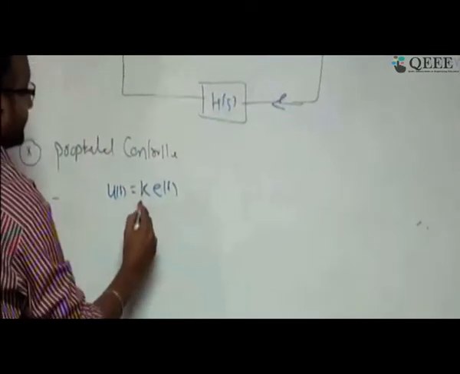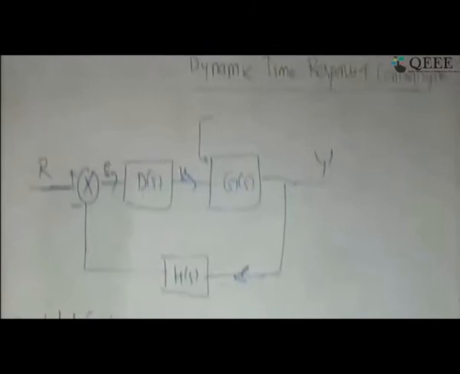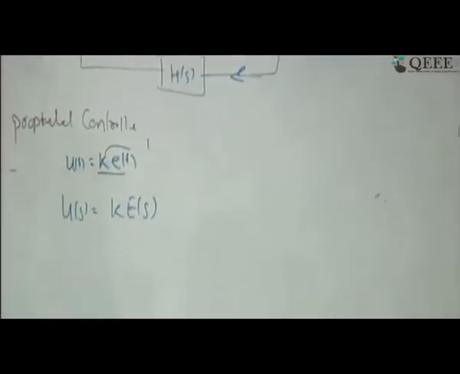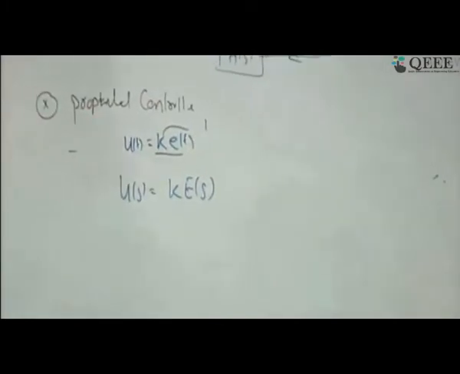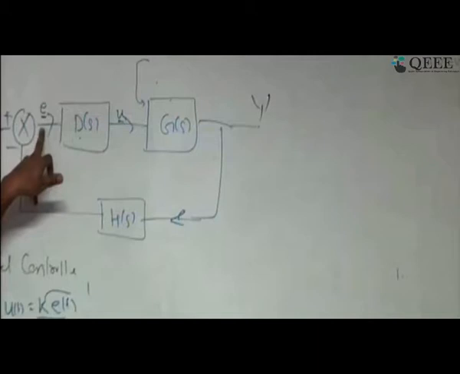So this proportionality constant is defined by K, and if we take a Laplace transform, U of S is going to be K of E of S. So this is my proportional controller, where my control signal is proportional to the error.